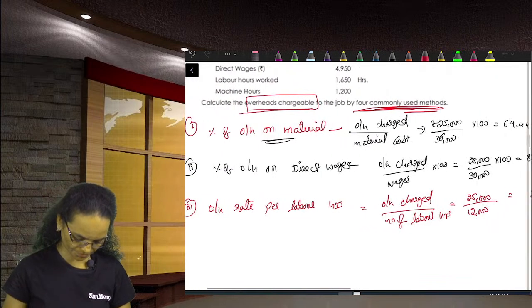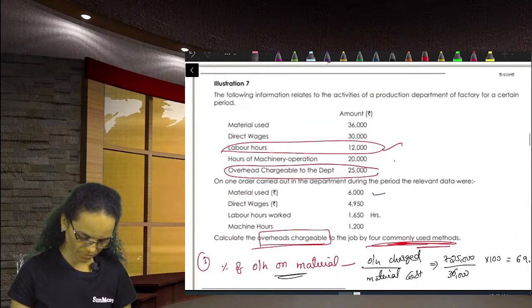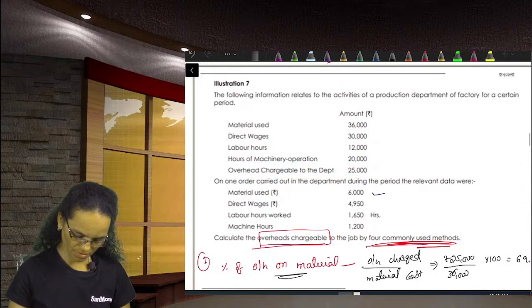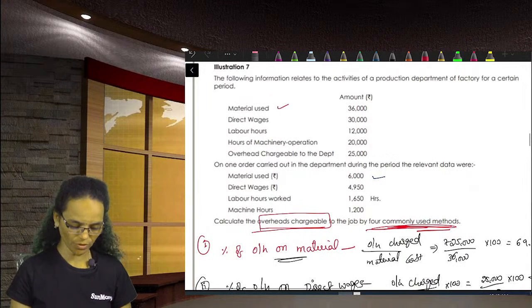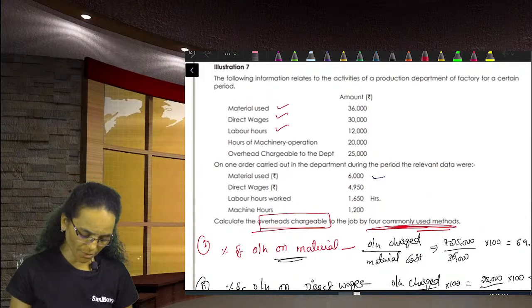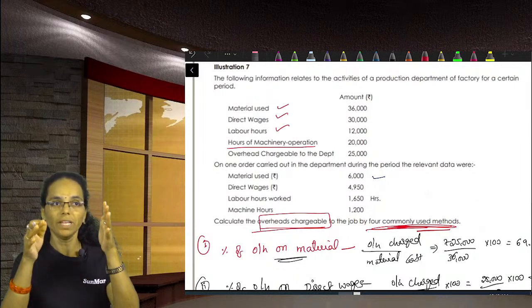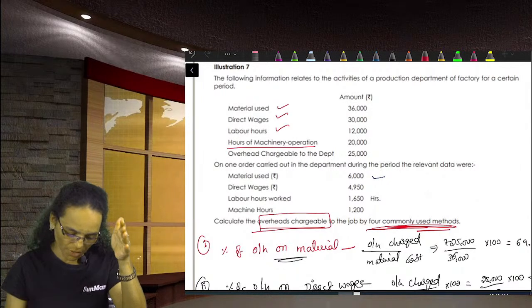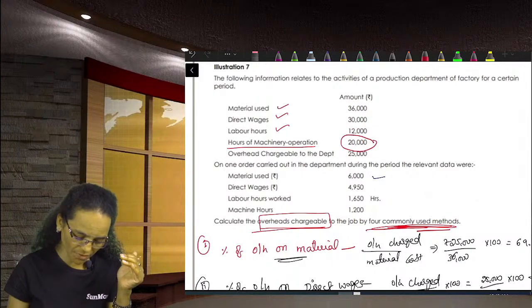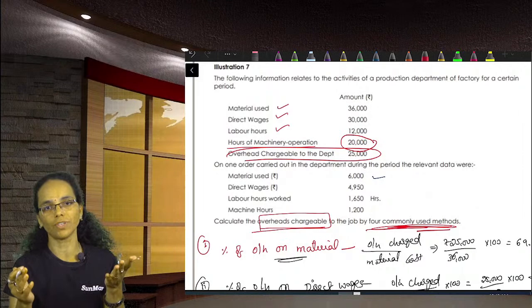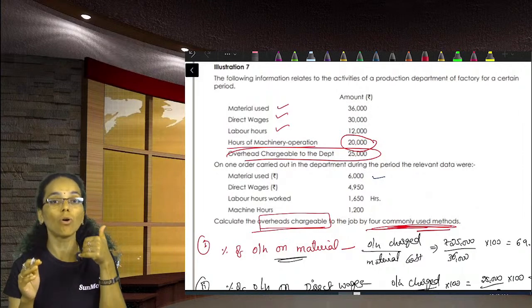Next one. See, we have used material, direct wages, labor hours, and machine hours. In the factory we are running the machine for 20,000 hours. When we are running the machine for 20,000 hours, we have incurred overhead charges of 25,000. Then per machine hour, what is the overhead recovery rate?